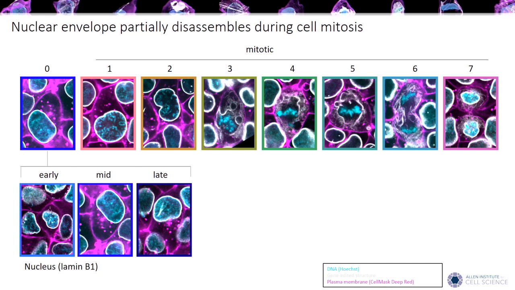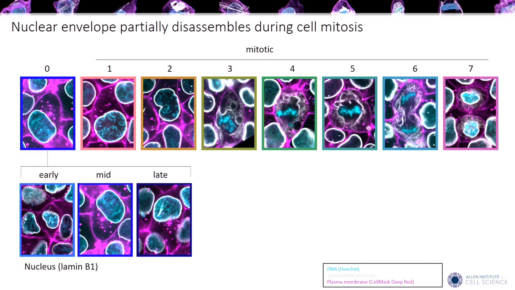And we can see the beautiful envelope, and then again at our mitotic stage 3, or early prometaphase, we see a partial disassembly of the nuclear envelope, which stays disassembled until telophase cytokinesis, where we can start to see it reassemble around the DNA.